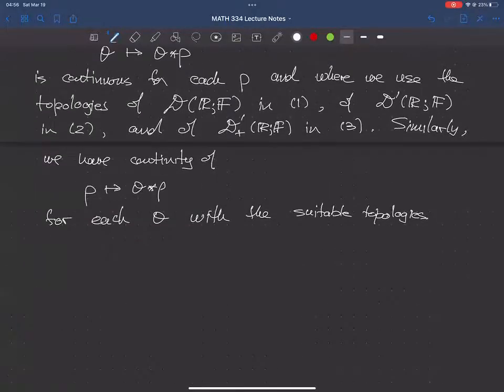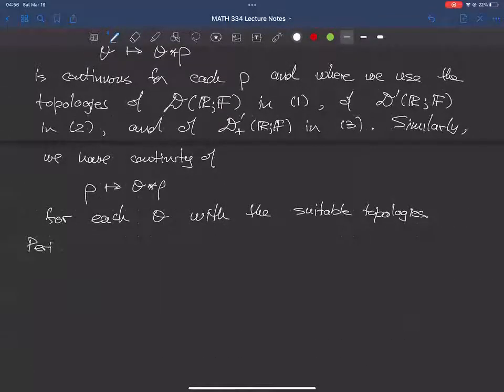All right, now let's talk about periodic convolution. Okay, and to talk about periodic convolution first, we need to talk about periodic distributions. Okay, so we talked about periodic signals. Right, and there's also periodic distributions. Now, there's 2 ways to think about periodic distributions.